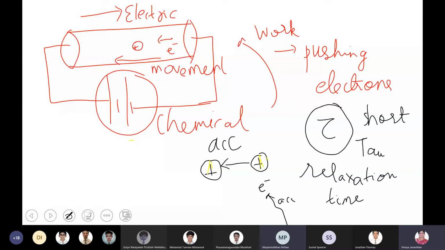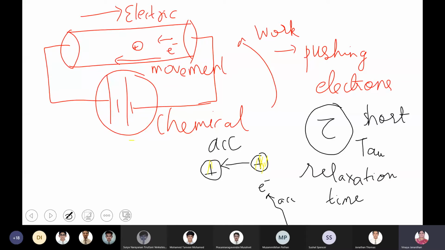Between two successive collisions, meaning, ma'am, by the time it collides with another atom, that time is known as the relaxation time? Yes. See, after collision with the first atom, it gets accelerated. Between two successive collisions, actually energy is lost.